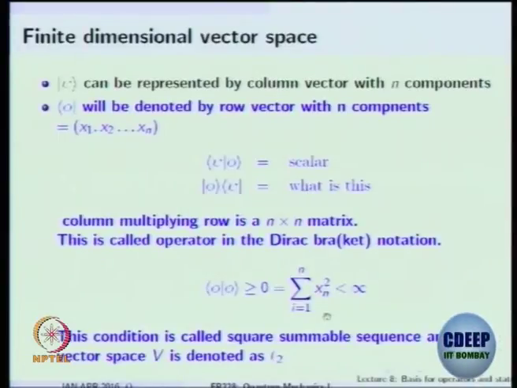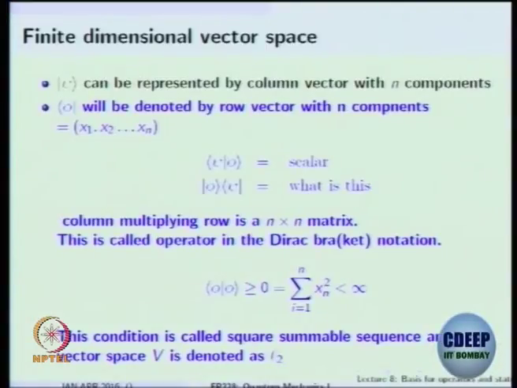So, for a finite dimensional vector space you can always make it finite, but if n becomes very large, there are chances that this would not be finite, but you have to impose this condition, take the states in the vector space such that the norm is always finite. We did this with the wave functions.